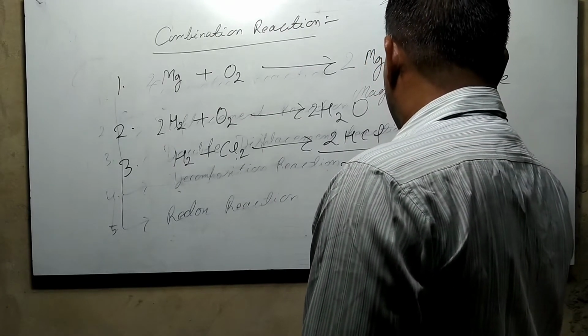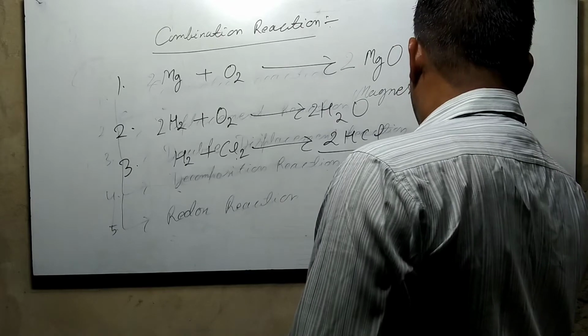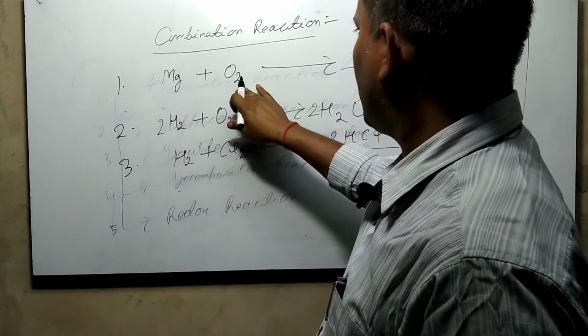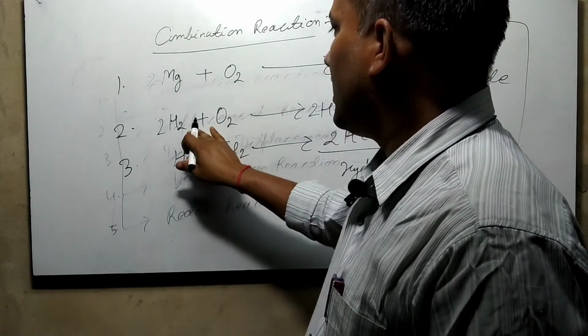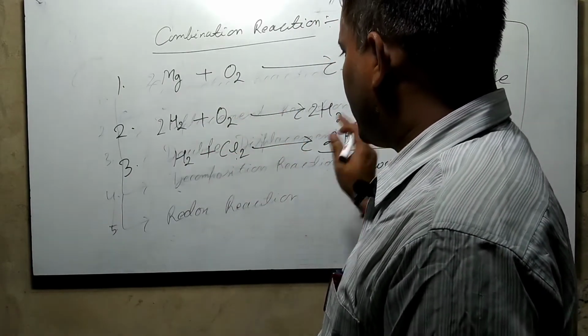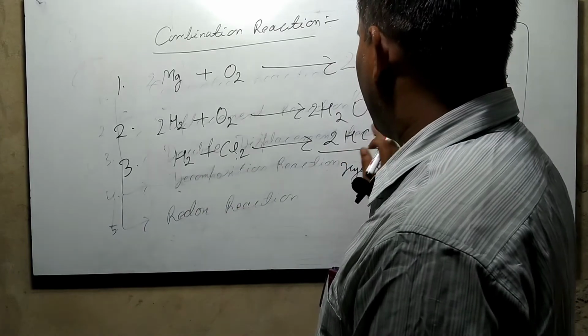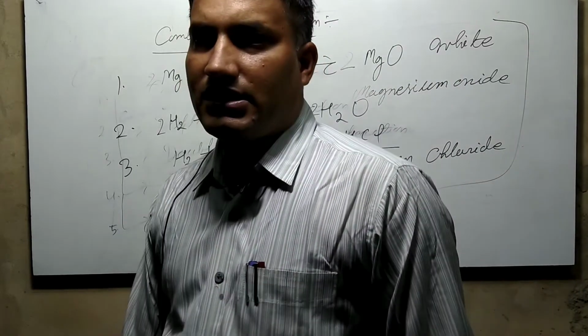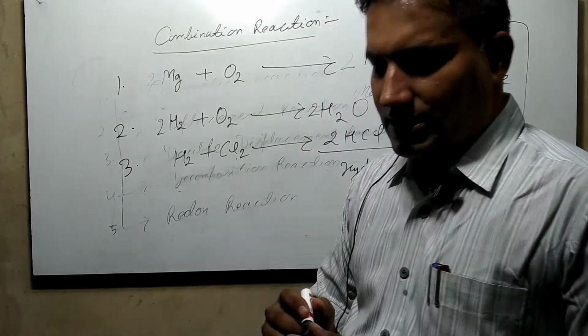We can write the name hydrogen chloride. So here are 3 examples I have given. First, magnesium combined with oxygen to give MgO; hydrogen and oxygen combined to give H2O; hydrogen and chlorine combined to give 2HCl, hydrogen chloride. All these are examples of combination reaction.